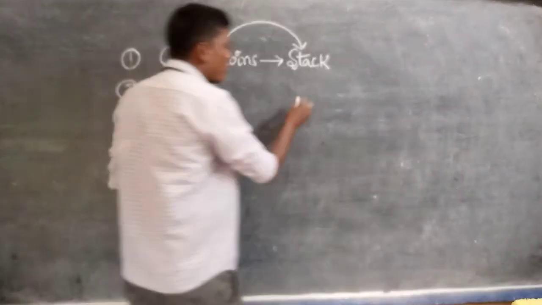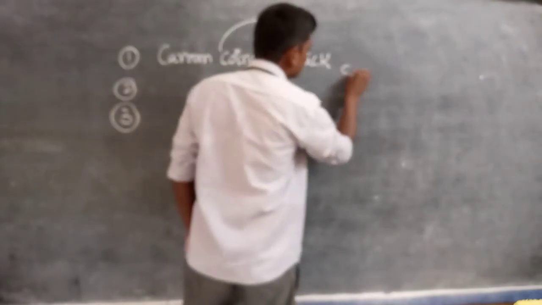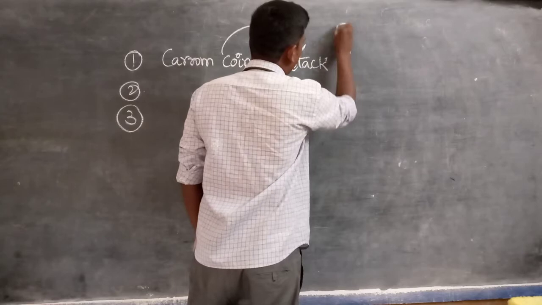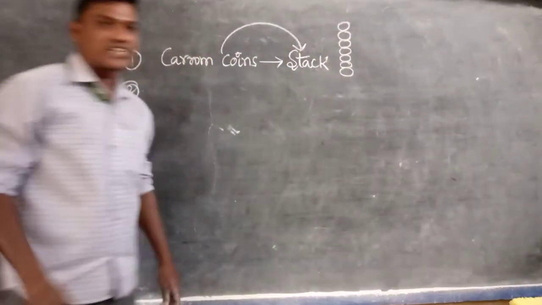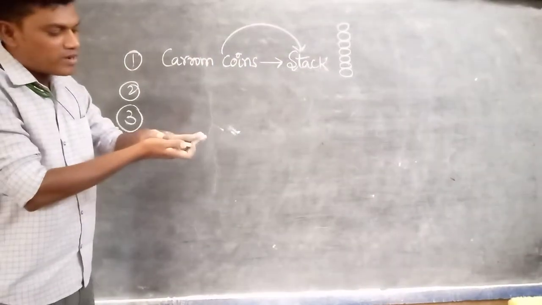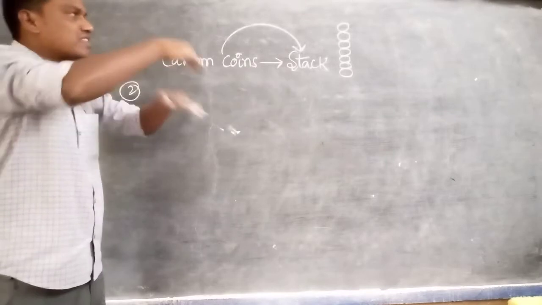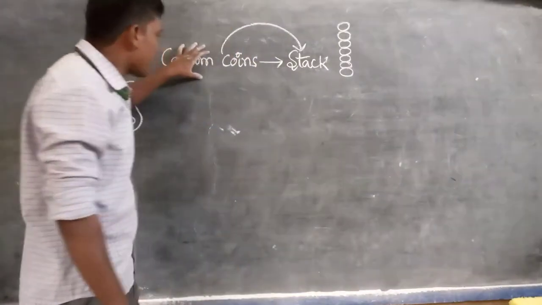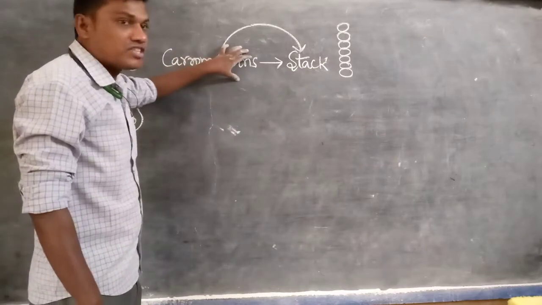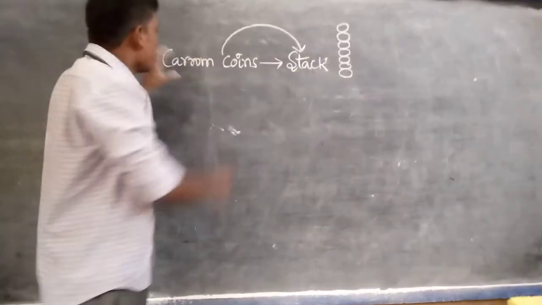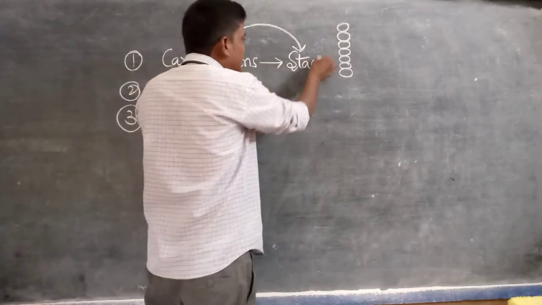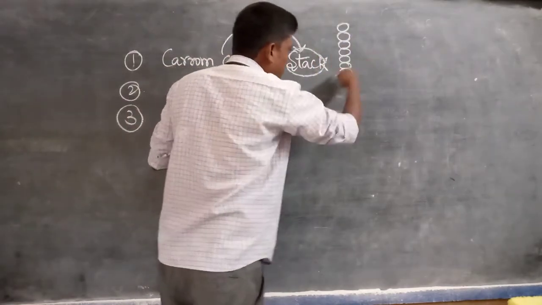Stack is nothing but the coins we place one upon each other, a pile of carom coins. So in a carom, during the starting, you are observing that the black and white carom coins are arranged like a stack, like this one.